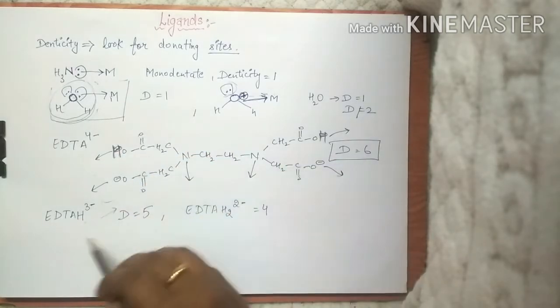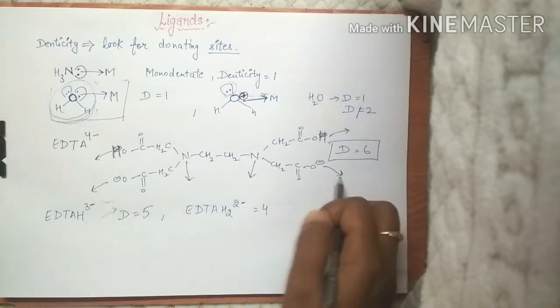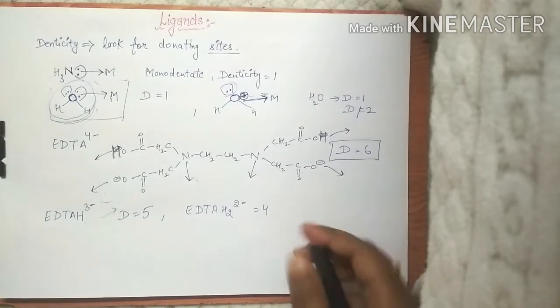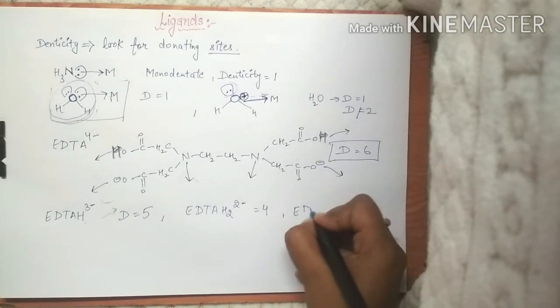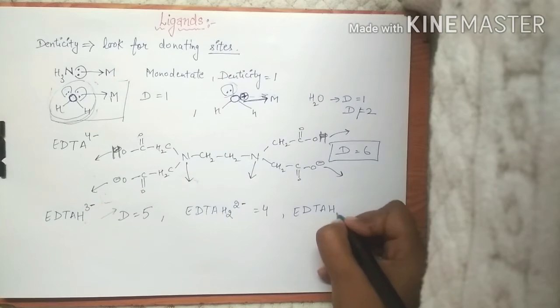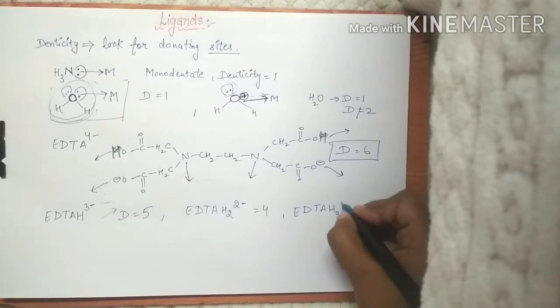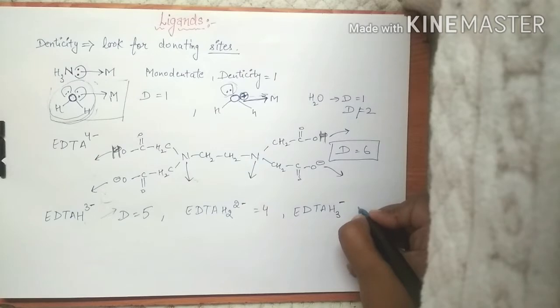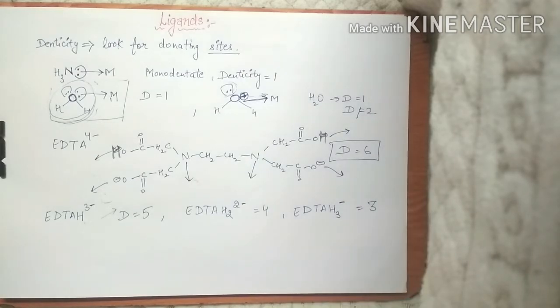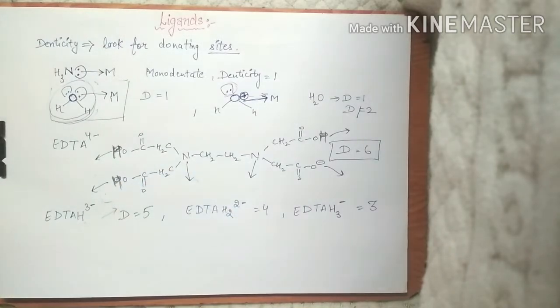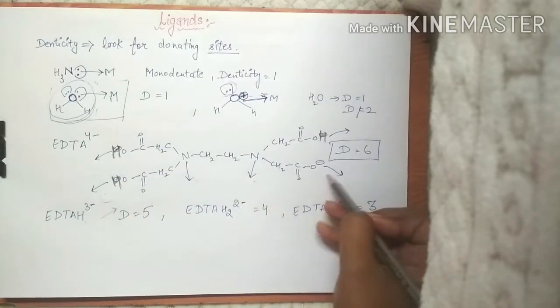So this will have denticity of 4: 1, 2, 3 and 4. Now again, if I am talking about EDTA in which 3 of the acetate groups are protonated by 3 hydrogens, with 1 negative charge, then it will have denticity of 3. Now you know that here one site will also be blocked. So here denticity will be 3.